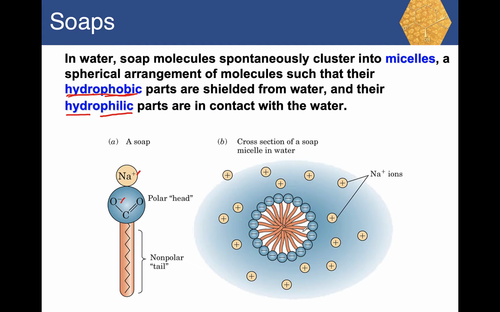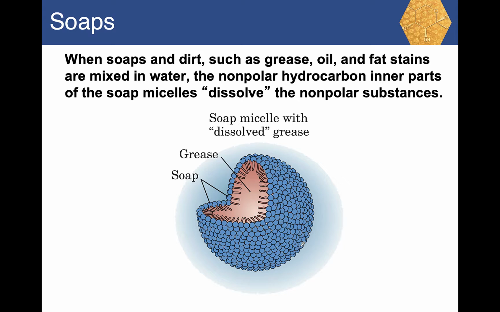This end here, which is described as your hydrophobic end, surrounds oil and dirt in your clothes and literally takes it out in that dissolved grease micelle right here. And once it's dissolved in that little trap, so to speak, then of course when you rinse your clothes, that comes off.